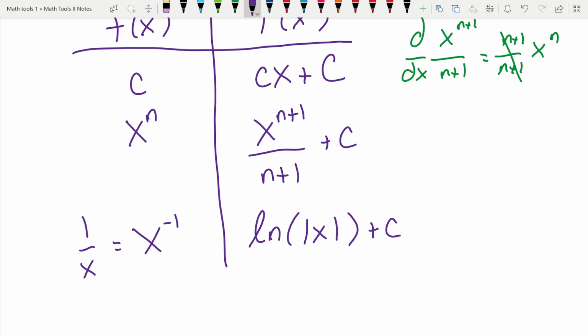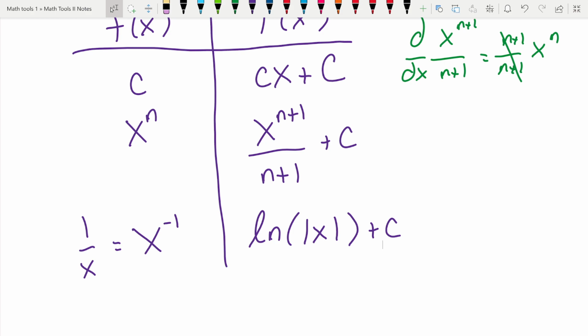Well, there's nothing stopping 1 over x from being negative. The natural log requires your inputs to be positive. The domain is 0 to infinity. So we need the absolute value in there to make sure that the values in there are indeed positive.